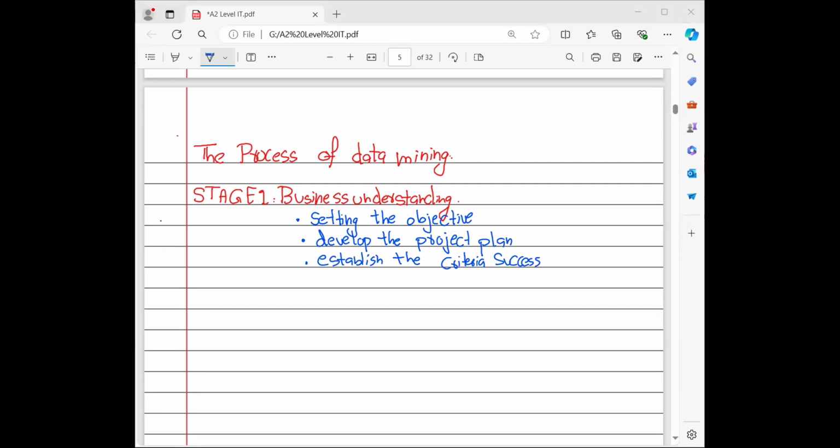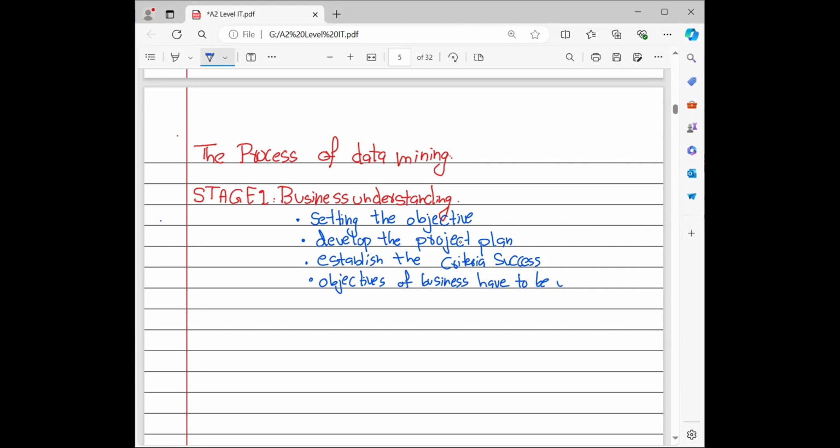So there are three main elements in that, and in order to establish this kind of data, that means that the data has to be mined and analyzed, and the objectives of the business also need to be understood.